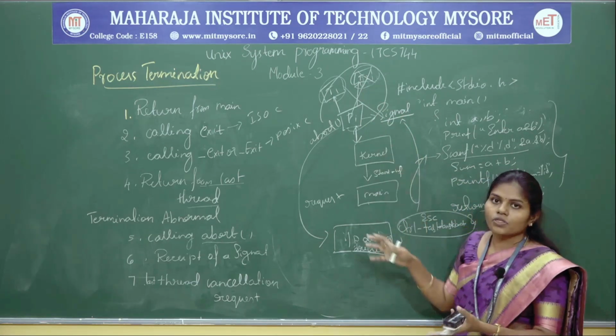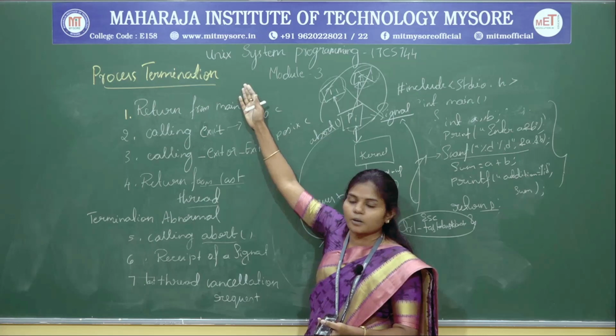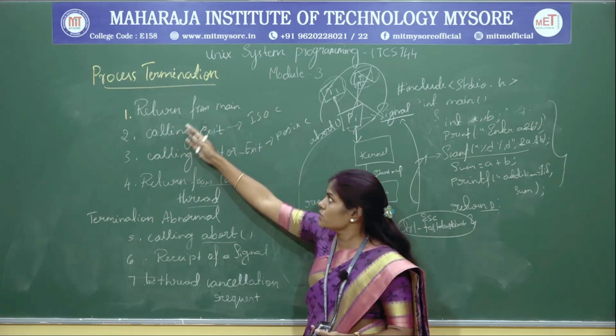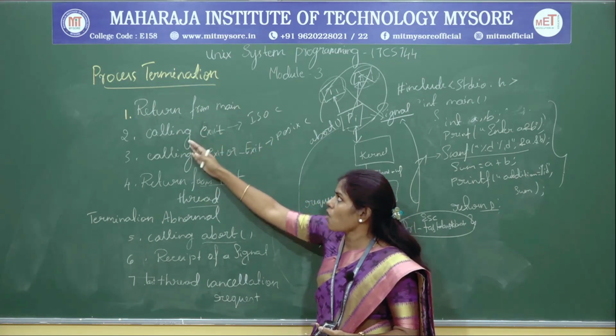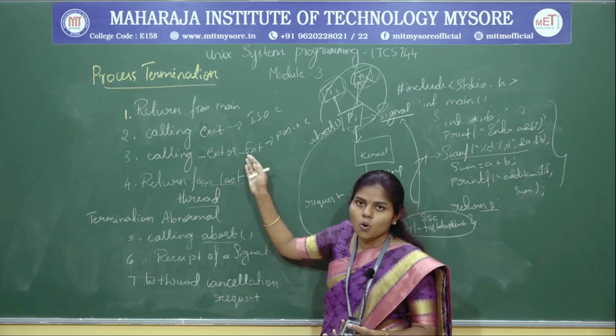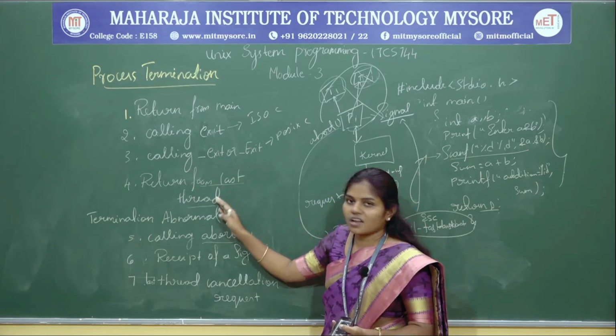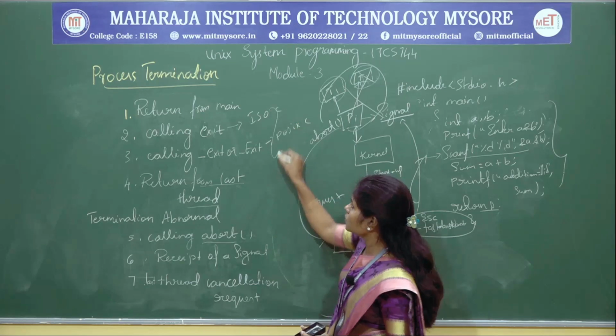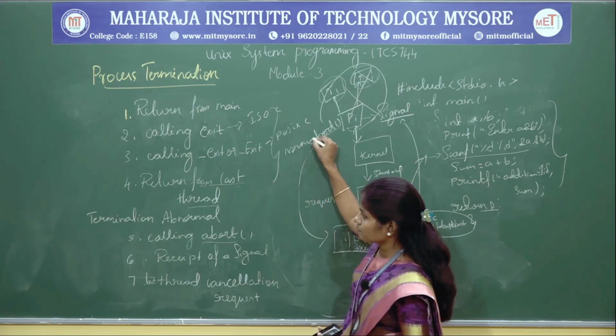So this is how the process is going to be terminated. Return from main, calling exit, calling _exit, and return from the last thread are the normal execution.